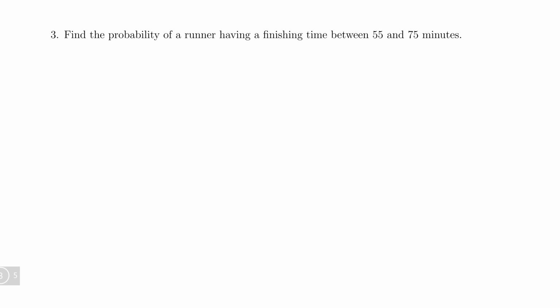Find the probability of a runner having a finishing time between 55 and 75 minutes. So we are looking for the probability that a value in the distribution is between 55 and 75. So we will need the z-scores for both 55 and 75.